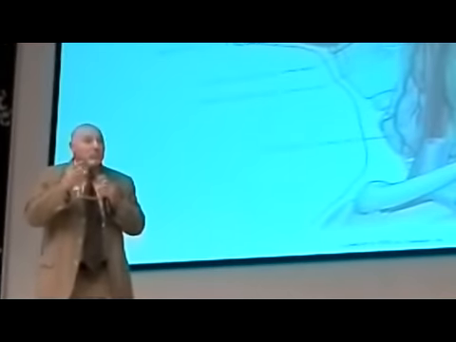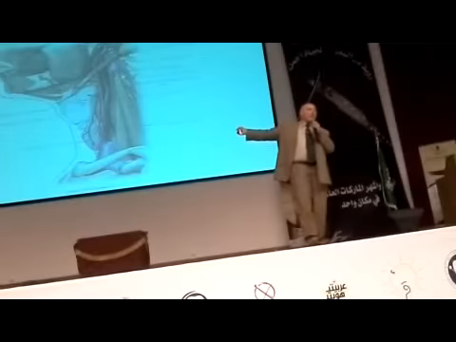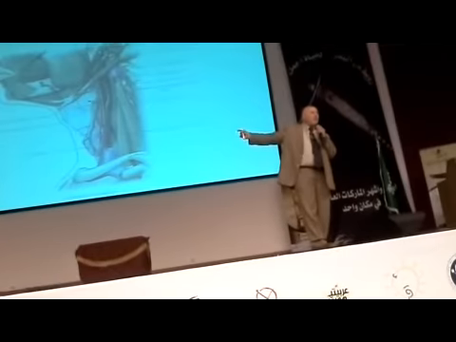The lower cranial nerves you will take. I want to tell you what the relation of the hypoglossal nerve to the arteries is. It has a loop in the neck.